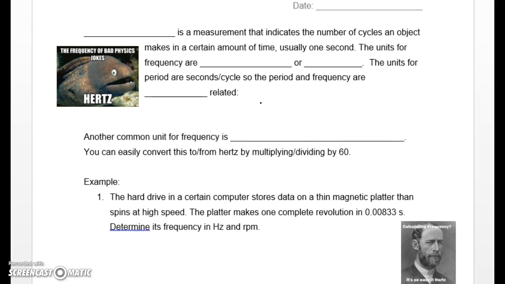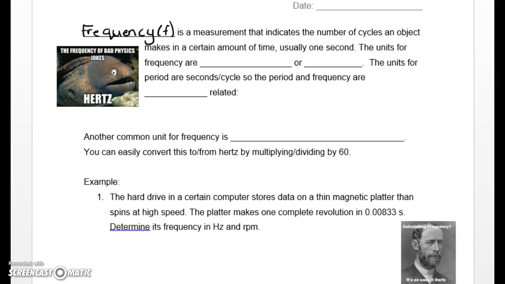All right. So a different way to look at your period is the frequency. That one we denote with a lowercase f. This one is kind of the opposite of your period.